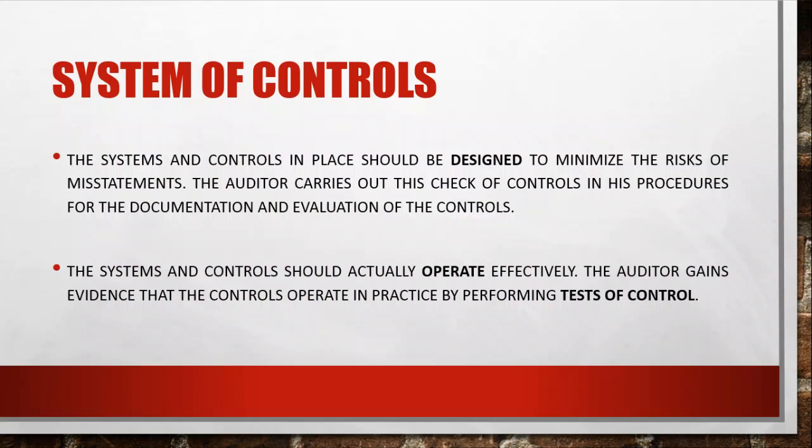We must write down what we are doing and our evaluation reports of the control system that we are observing. The system and controls should actually operate effectively. It is important that the system exists and also that it is working effectively. And if we observe any weakness in it, we must report it, and propose how the organization can strengthen it.